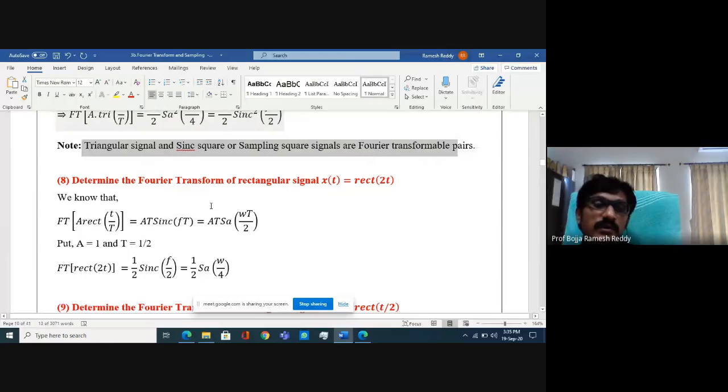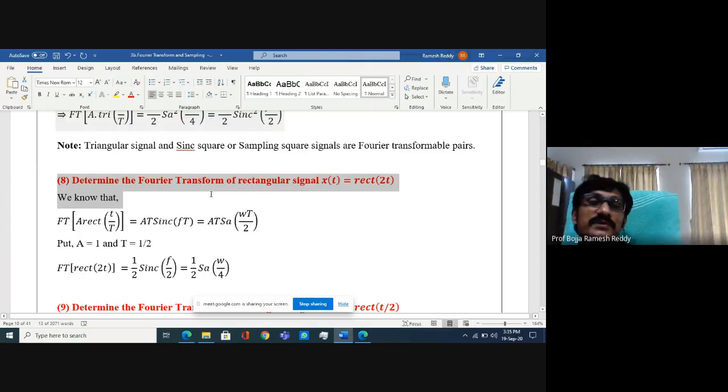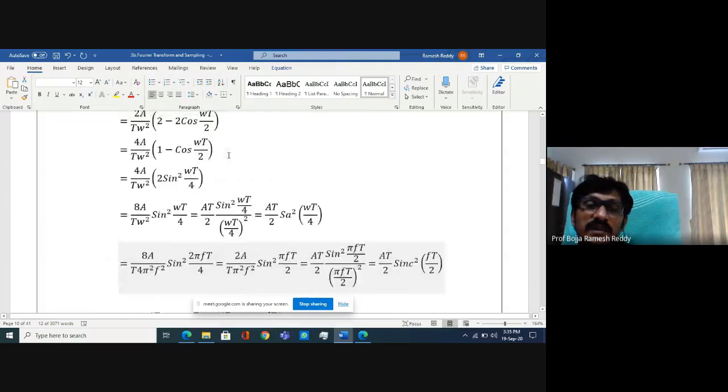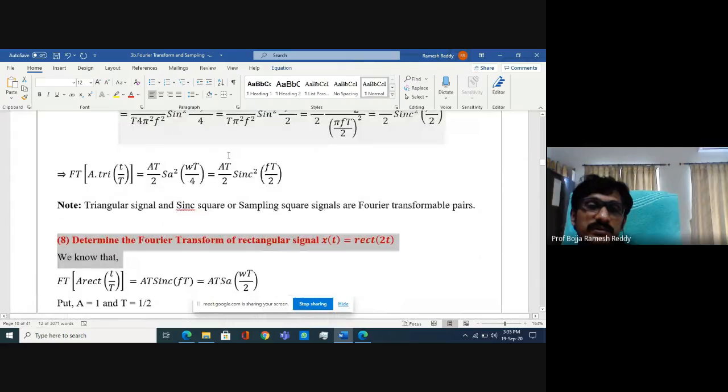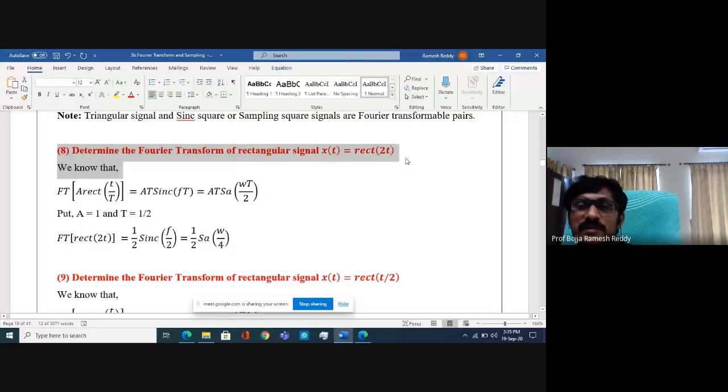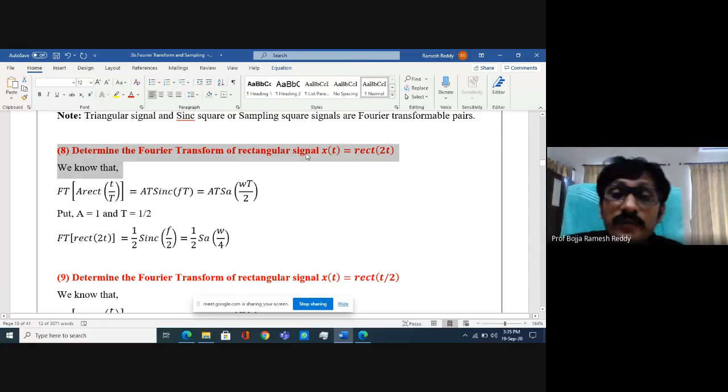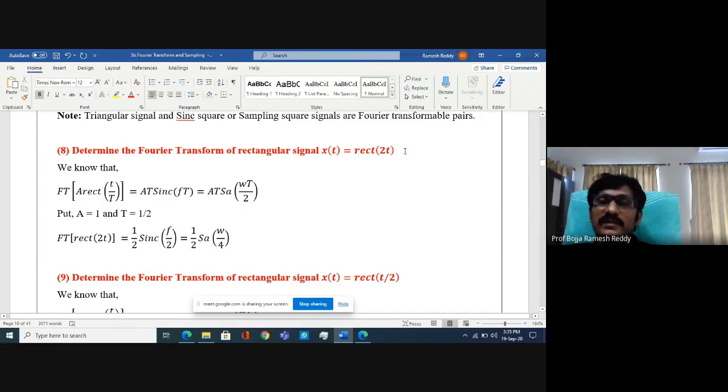Now next question. Now see from here on. In a competitive examination, you may get this type of question, not derivations like this. We don't want all those things. In the examination, they will simply ask: determine the Fourier transform of a rectangular signal, rect(t by 2T).